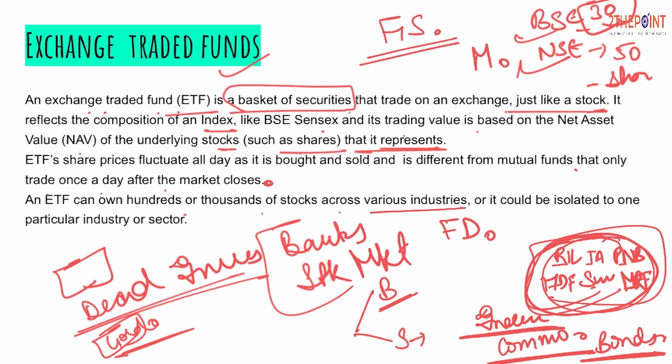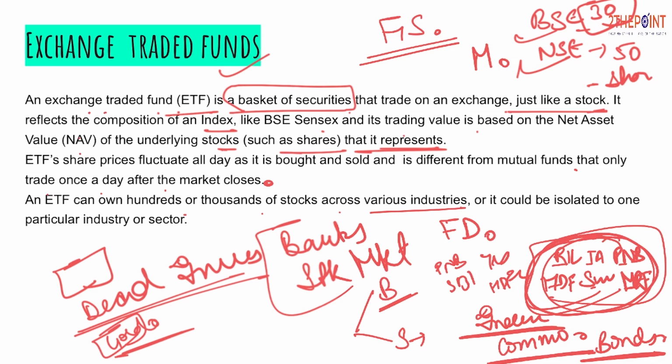Let's suppose I am making a basket of securities of all the stocks hailing from the banking sector. So this would include stocks that pertain to the banking industry. Let's suppose PNB, SBI, Yes Bank, HDFC, Axis Bank.